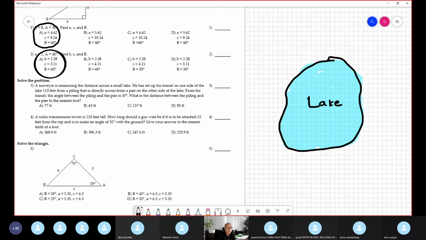He has set up his transit on one side of the lake, 100 feet from the piling. I suppose the piling is here.